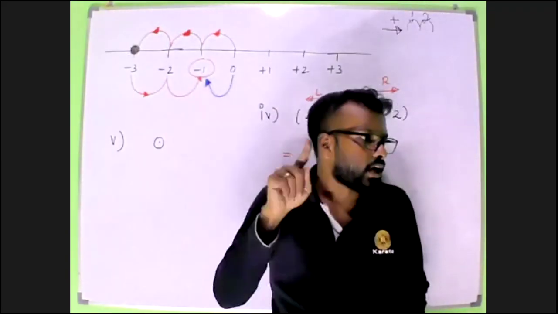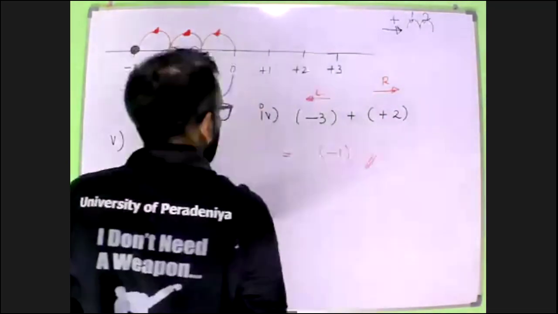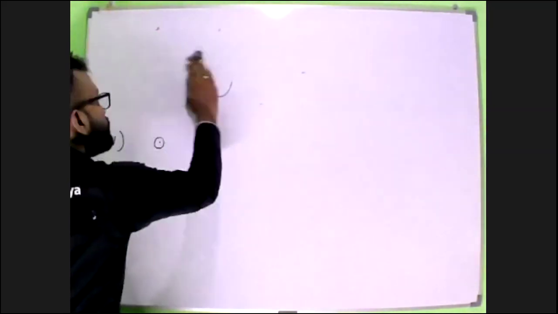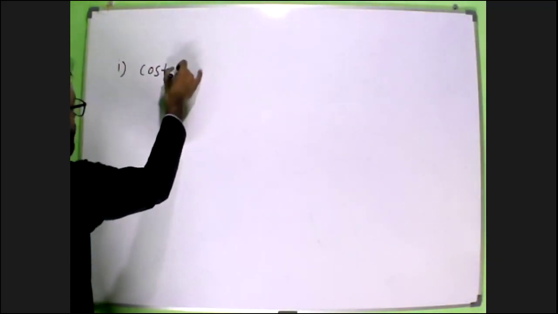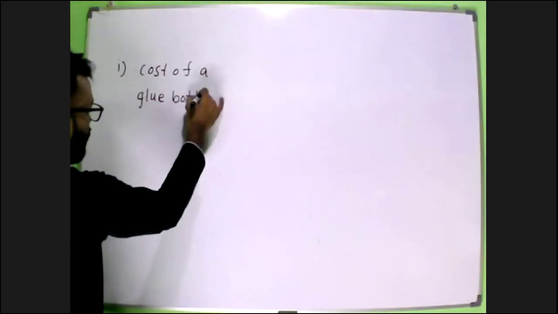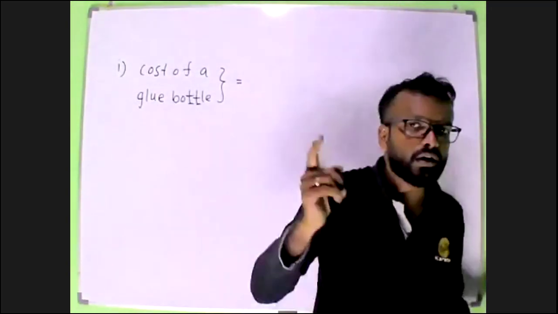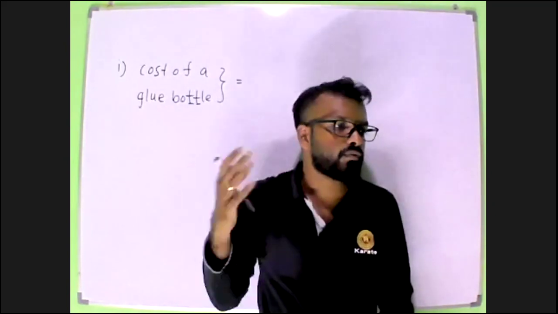First one: write the cost of a glue bottle using B. So you have to use B in order to write the cost of the glue bottle.